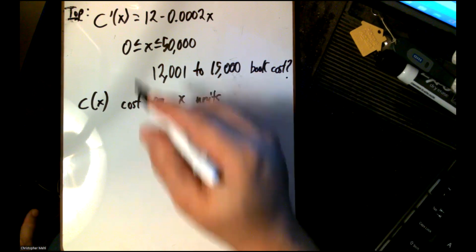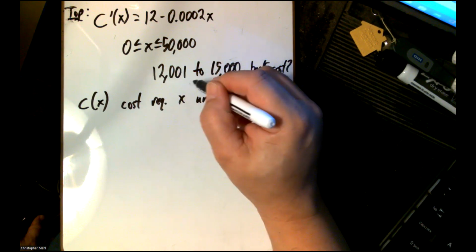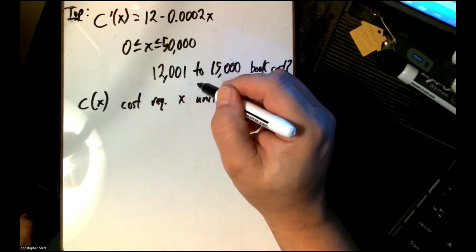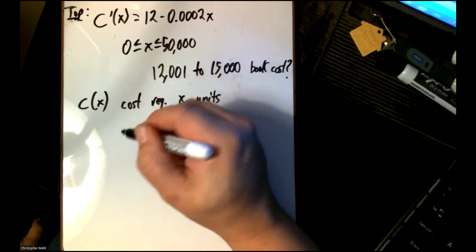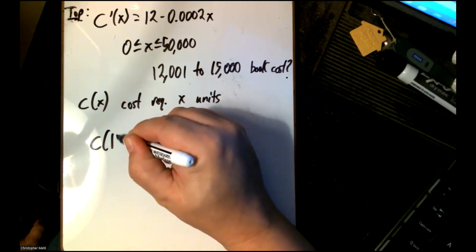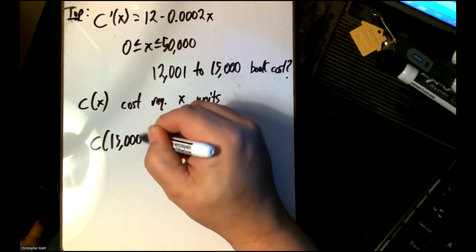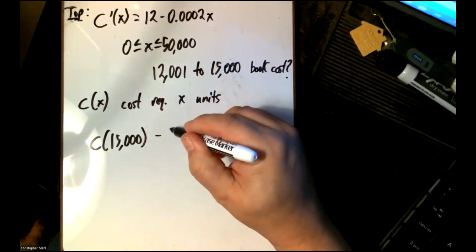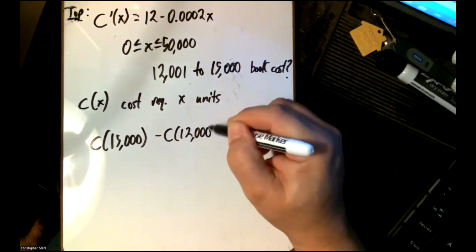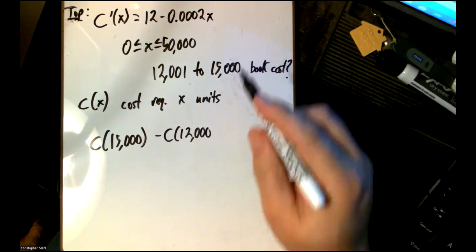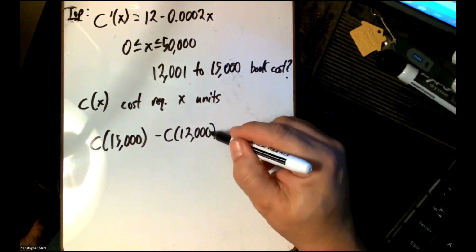And so the cost of producing books 12,001 to 15,000 is the cost of producing 15,000 books minus the cost of producing the first 12,000 books.